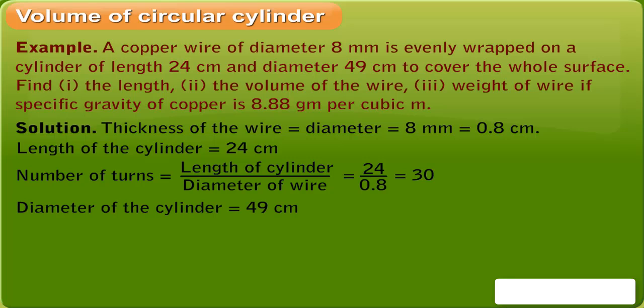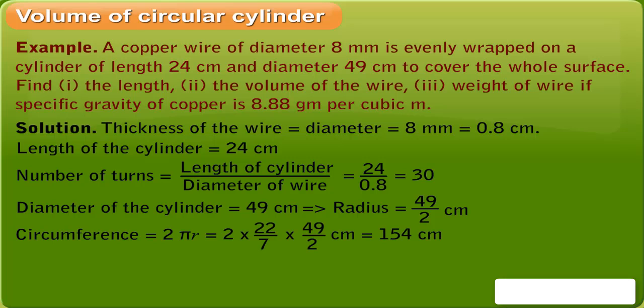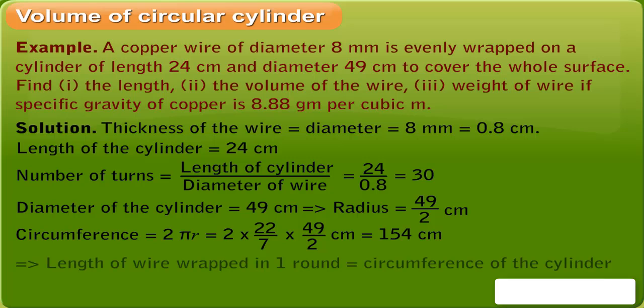Diameter of the cylinder is 49 centimeter. This implies radius is equal to 49 by 2 centimeter. Therefore, circumference is equal to 2 pi r is equal to, putting the values, 2 into 22 by 7 into 49 by 2 centimeter is equal to 154 centimeter.